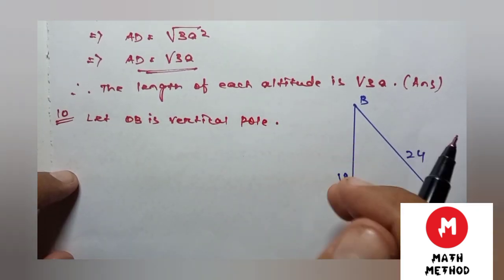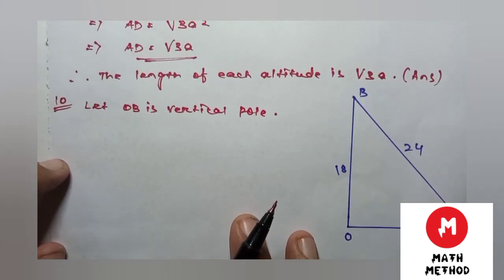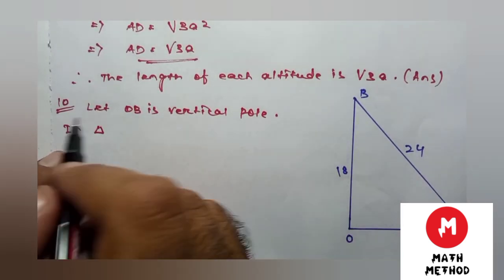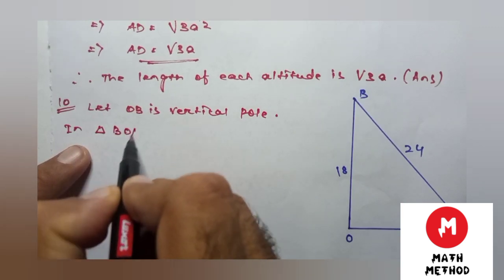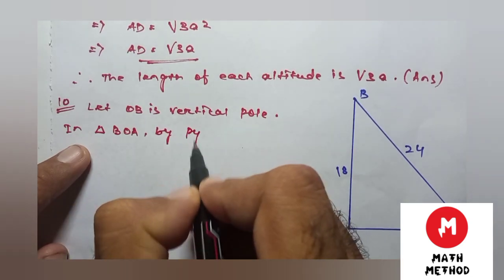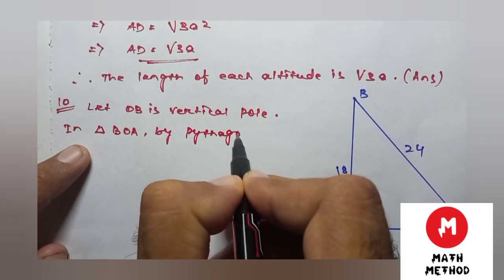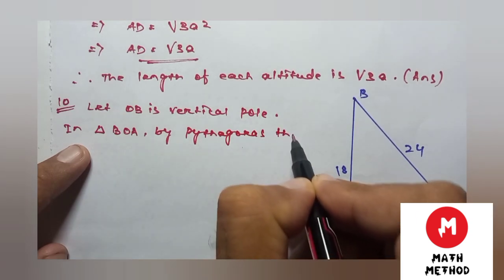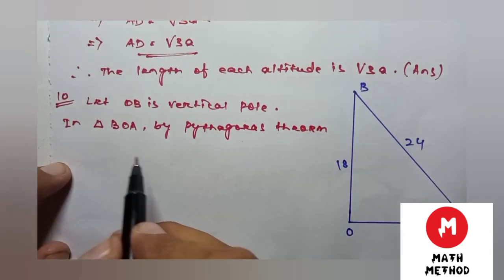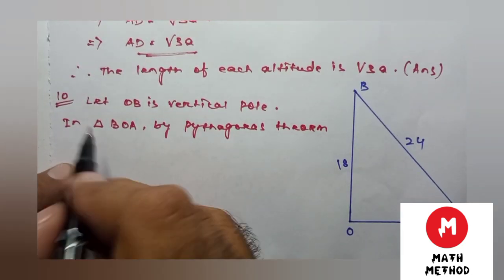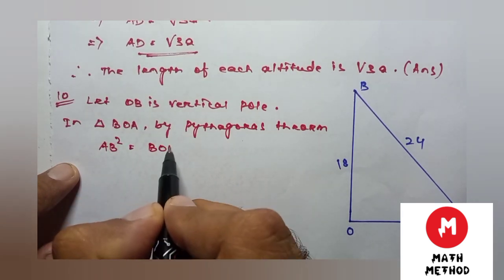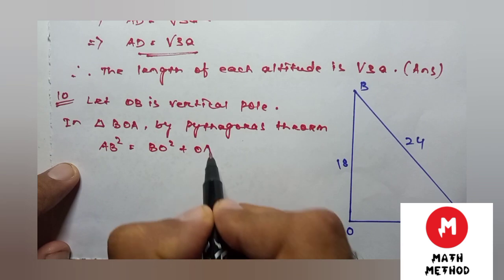Similarly, by applying Pythagoras theorem in triangle BOA, we will get AB square is equal to BO square plus OA square.